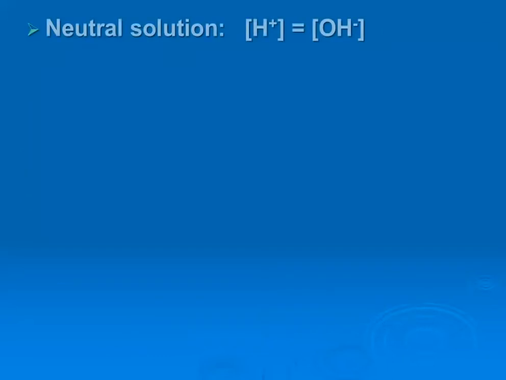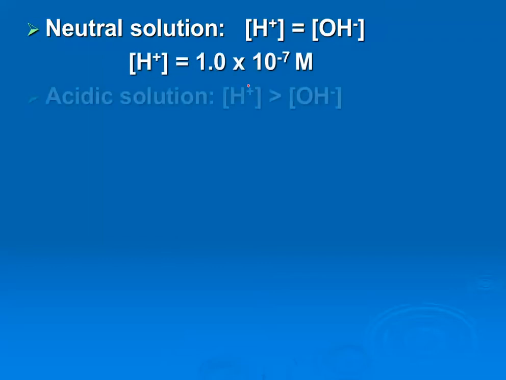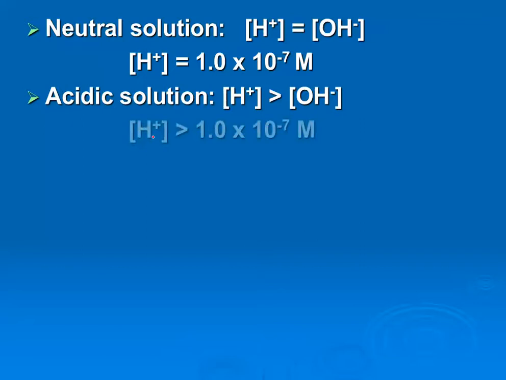Okay, so neutral solution, hydrogen ion concentration equals hydroxide ion concentration. You guys probably know that already. What is that concentration? 1 times 10 to the negative 7th at 25 degrees Celsius. So what is an acidic solution? That's where you have more hydrogen ion present than you have hydroxide ion present. So what would be our concentrations? Hydrogen ion concentration will be larger than 1 times 10 to the negative 7th.